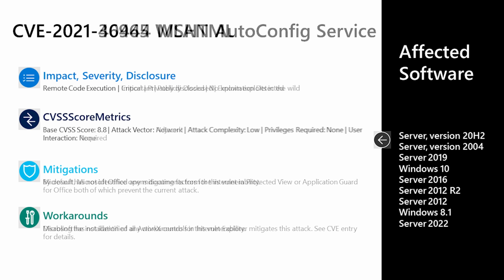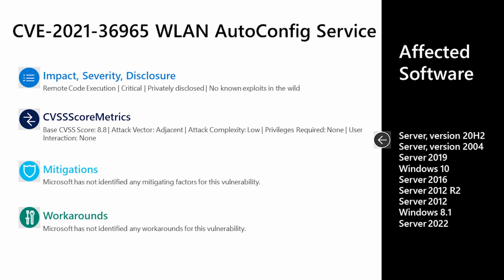So let's move into new vulnerabilities that were documented today, and the first one we'll talk about is CVE-2021-36965, in the WLAN AutoConfig service. This is another remote code execution vulnerability listed as critical severity, privately disclosed to Microsoft, and with no known exploits out in the wild.